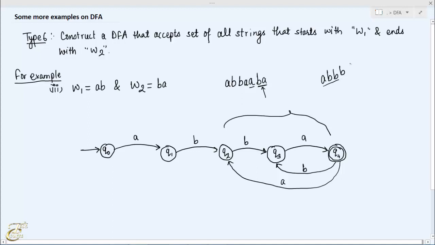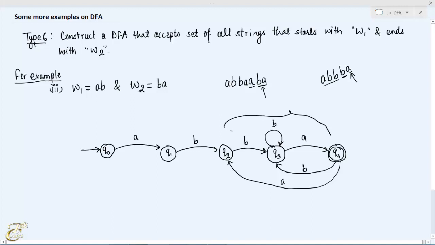In that case, B is already present as a last symbol, so we have to only check whether A is present or not after this B. This checking of A is performed by this transition. Therefore, reading B in Q3 state, we just revolve around Q3 state.